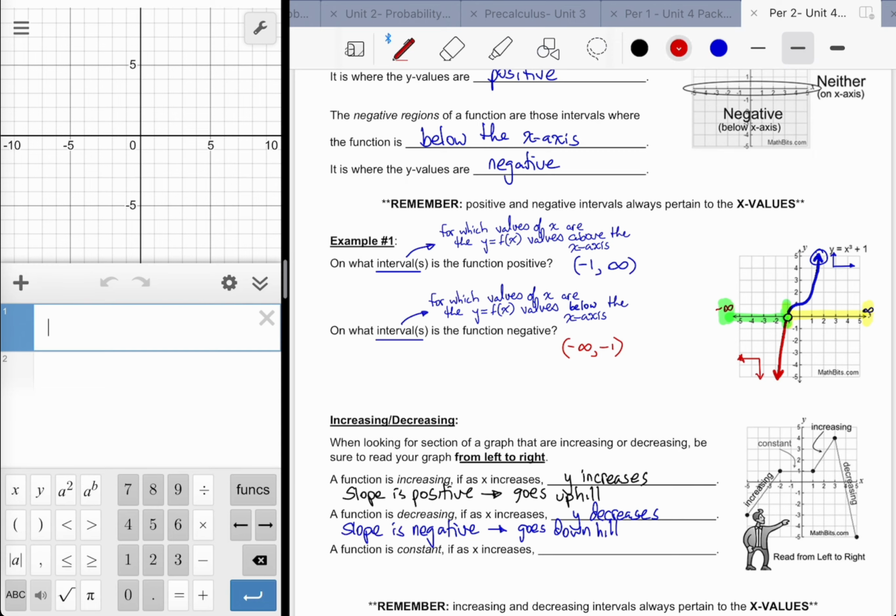And then you have the constant situation. If something is constant, it means it's not changing. So if x increases, decreases, does a dance, sings a song, doesn't matter, y is going to remain exactly as it is. It's not going to change. Slope is 0.